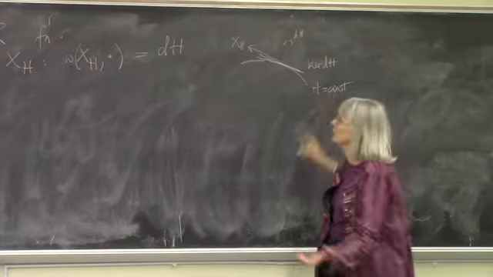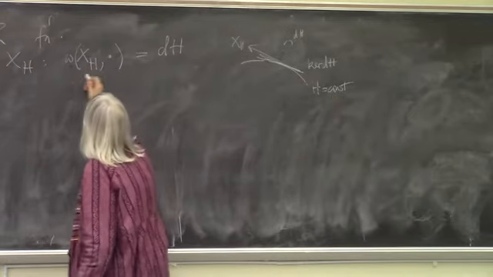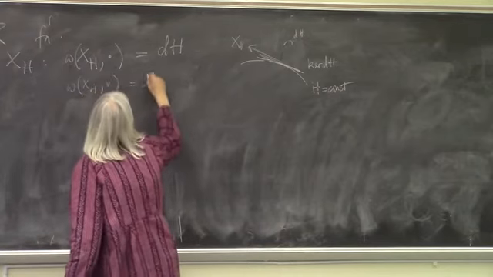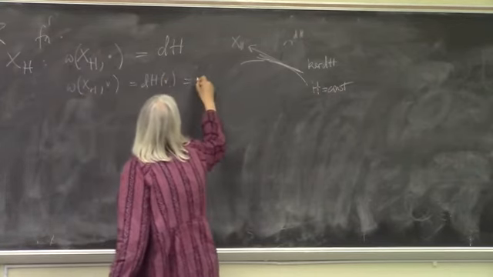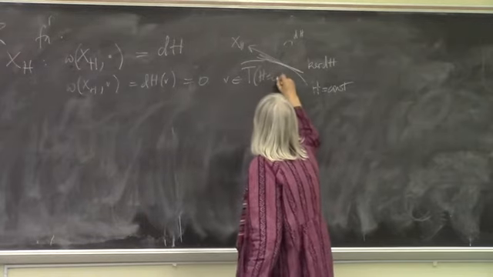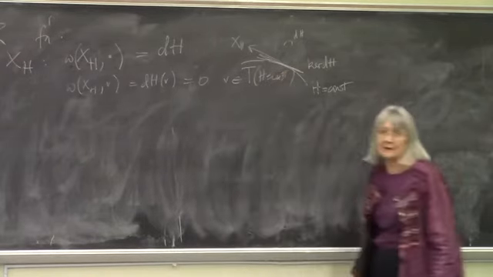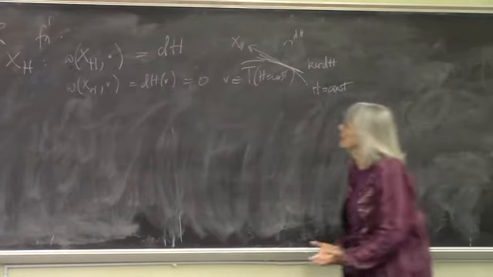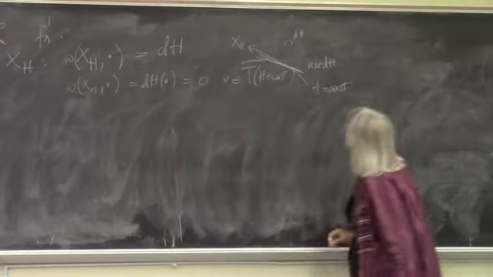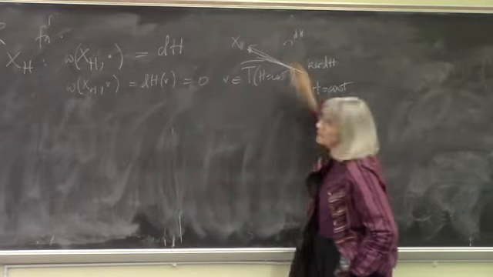And that's because of the skew symmetry. You see, if you take omega of X_H and v, that's dH of v, which is 0 if v is tangent to the level set. So in some ways it's like the ordinary gradient, but in other ways the properties are completely different because it's tangent to the level set.